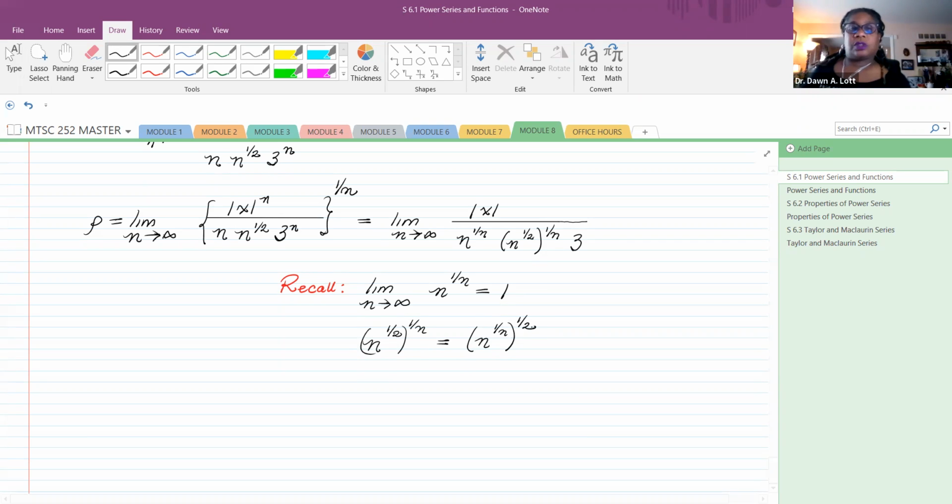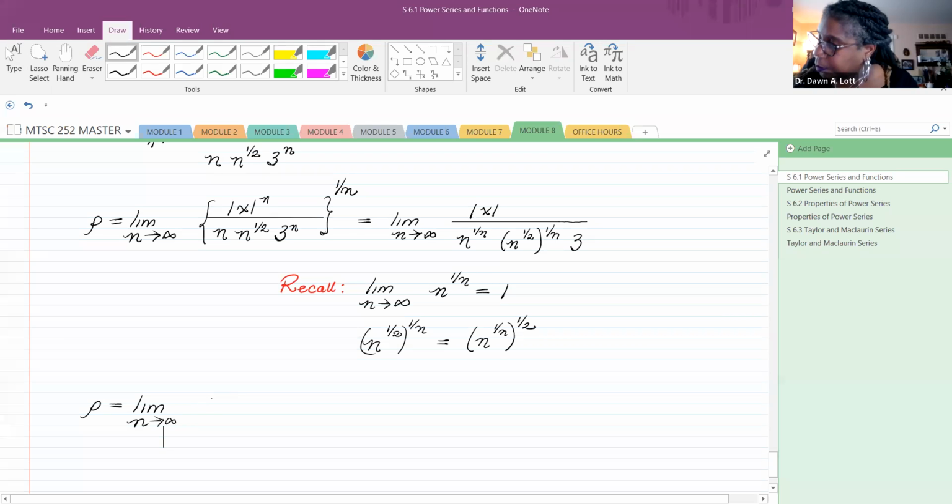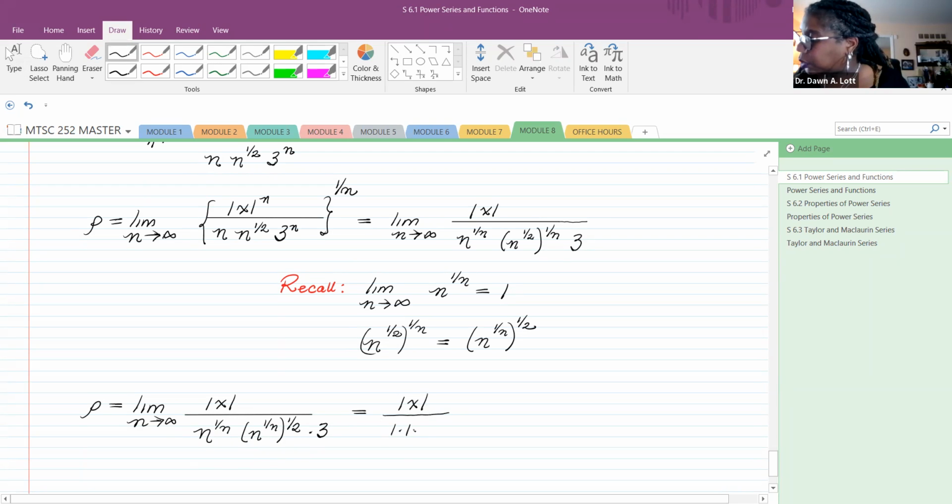We can do that with powers. So rho is the limit as n approaches infinity of the absolute value of x divided by n to the 1 over n to the 1/2 power, times 3. This limit becomes the absolute value of x over 1 times 3, so I get the absolute value of x over 3.